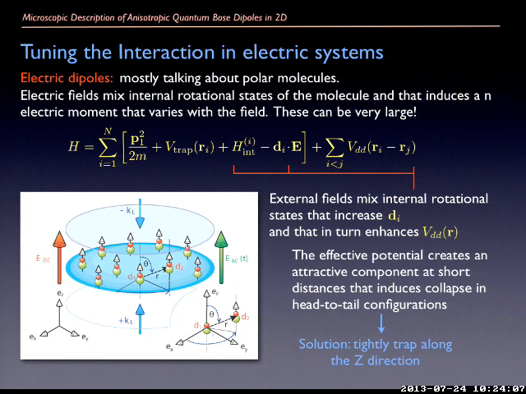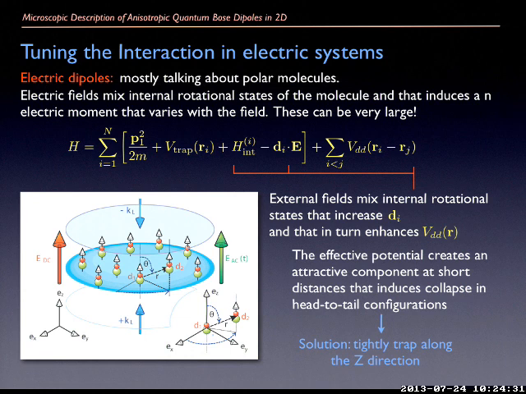However, the problem is that when you do that, it's not only that you increase the dipolar effect, but you also change the effective interaction between the molecules, and then there are problems making the system stable. It looks like the best way to stabilize the system is to confine it in the z direction such that the molecules move essentially in a quasi-2D plane.